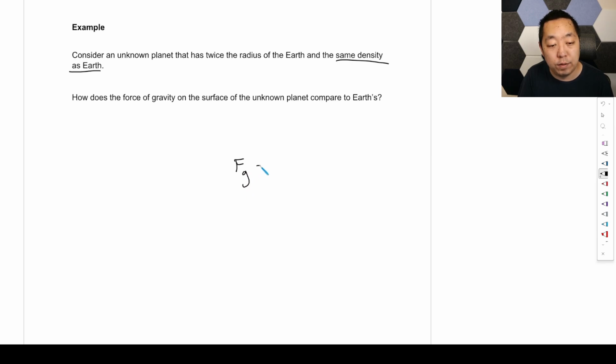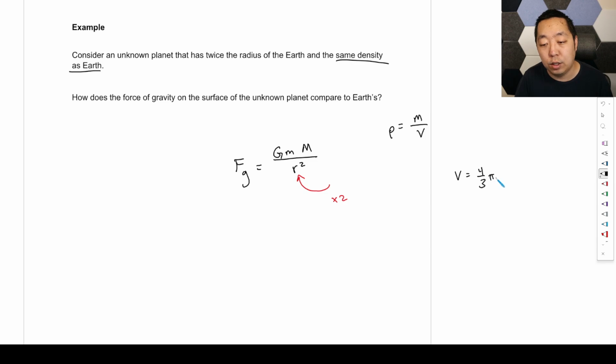So if we look at force of gravity, it's G, mass of me times the mass of the planet, divided by R squared. Now, what they're telling you here is that the radius of the planet is times 2. But you also got to think of what the mass of the planet is going to be, right? Now, because it's the same density, if it has twice the radius, remember the density is mass divided by the volume, and the volume is 4/3 pi r cubed.